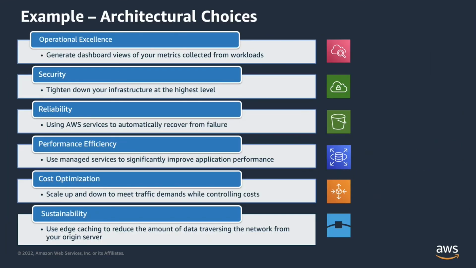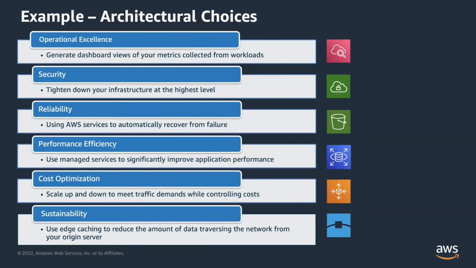So this is a small example of what choices you would like to make based on the pillar. Some of the parts that I've put here are directly taken from white papers. Each of these pillars has white papers online that I would encourage you to take some time to go through. They go into detail about the different ways and best practices.